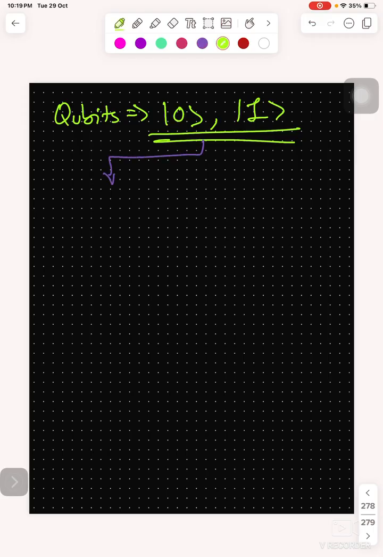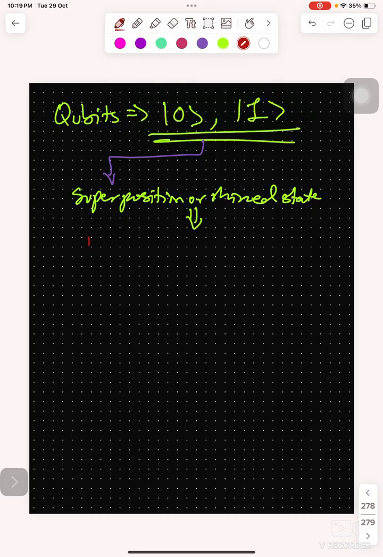Superposition, in this we also call it a mixed state. If I write this plus this, what is this? This is a mixed state.